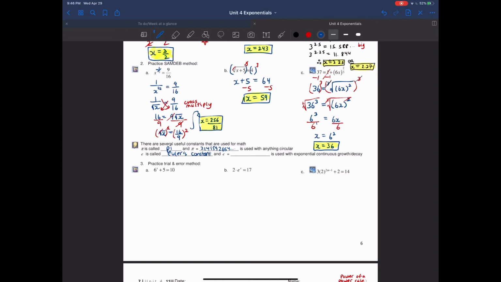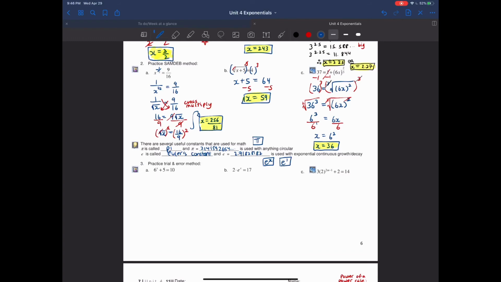And e is equal to 2.71828182. And I would invite you, just like you know where the pi is on the calculator already, try to see where the e button is on your calculator so that you are able to get 2.718 without having to memorize it.